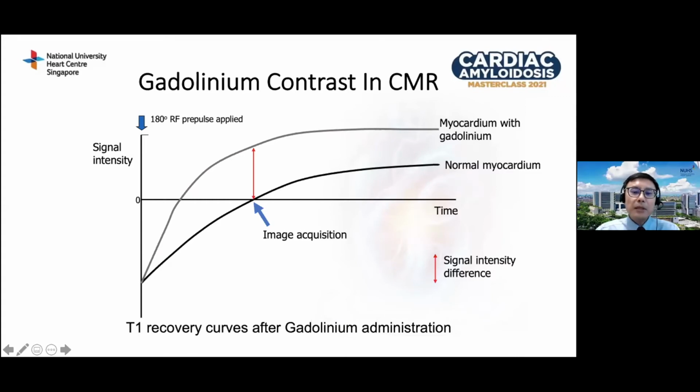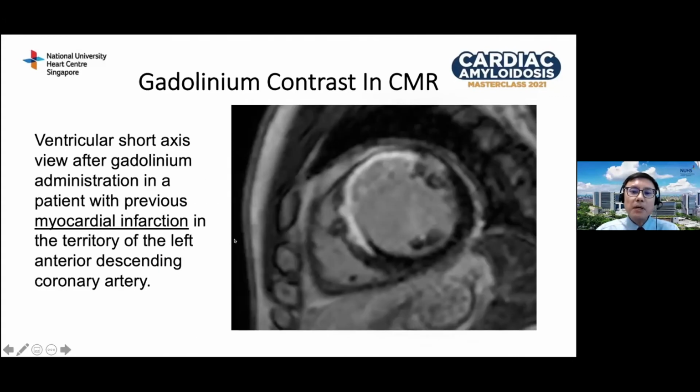So I'm going to give you an example of this, and this is a picture of a patient with a previous myocardial infarction, all right? We have given gadolinium, and then we have acquired the picture, and the gadolinium accumulates in the infarcted region, which is depicted here in white, okay, with increased signal intensity. The normal myocardium here is black, all right, so this is deliberately acquired to null the signal from the normal myocardium.